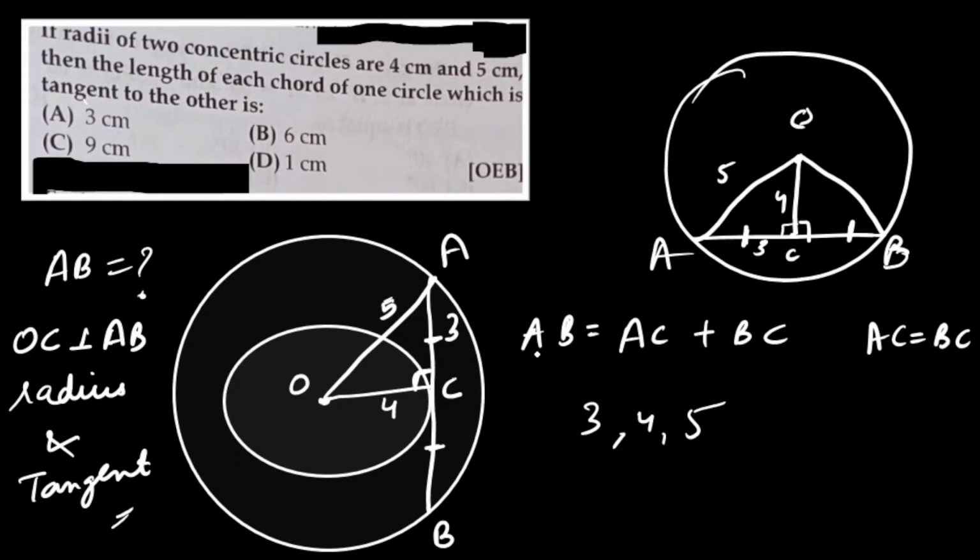So AC is equal to 3. If AC is 3, BC will also be 3. So what's the length of the chord? It is 3 plus 3, 6 centimeter. So option B. Same question as the previous one. AB is equal to 6 centimeter.